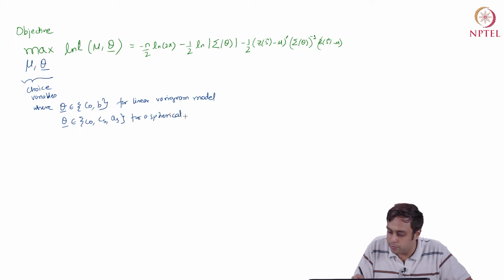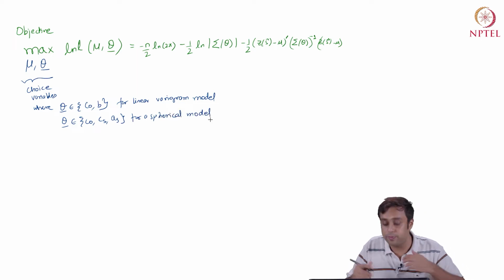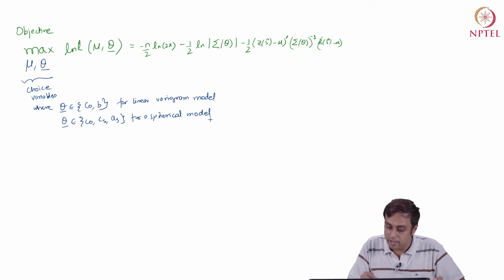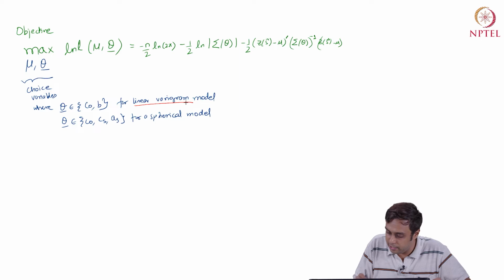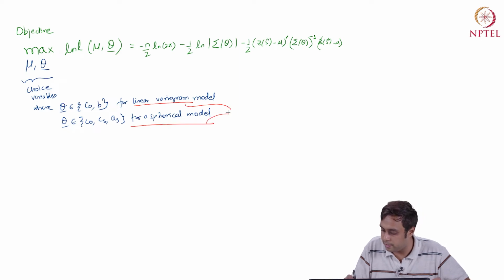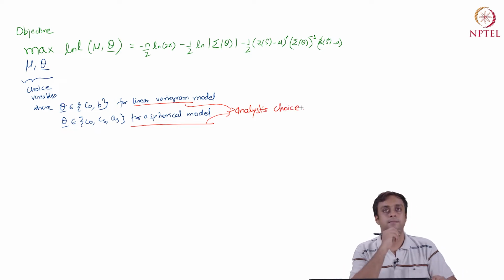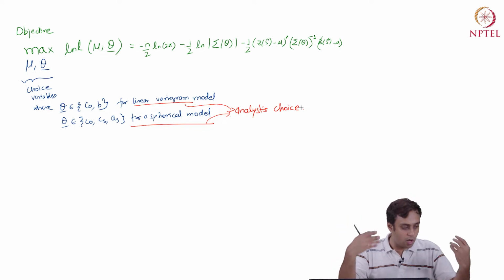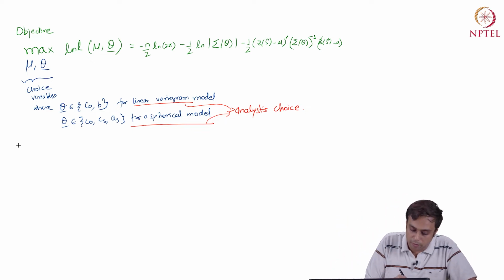So the number of choice variables will depend on which variogram model you want to work with as an analyst, right. Whether you want to go with the linear or the spherical is your choice. So I am going to say this is the analyst's choice.